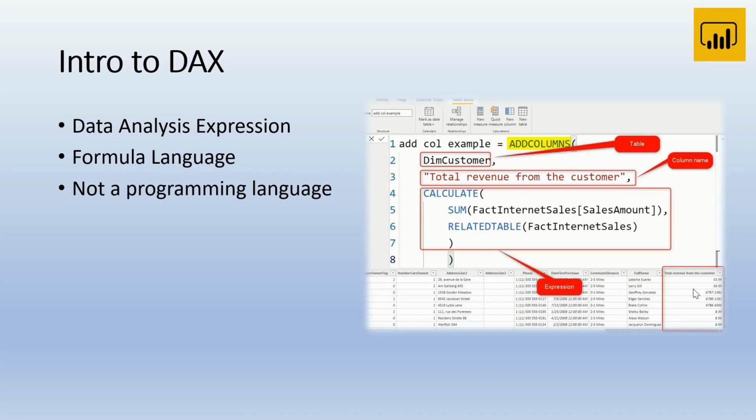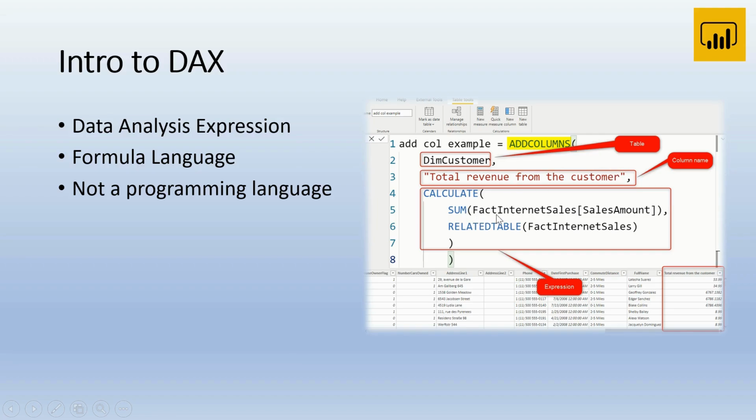Now, if you see this screenshot or the example here, it says DAX formulas are being used in measures, calculated columns or calculated tables in Power BI. If you see here, we have used two functions, ADDCOLUMNS and CALCULATE, on a table and a column name.